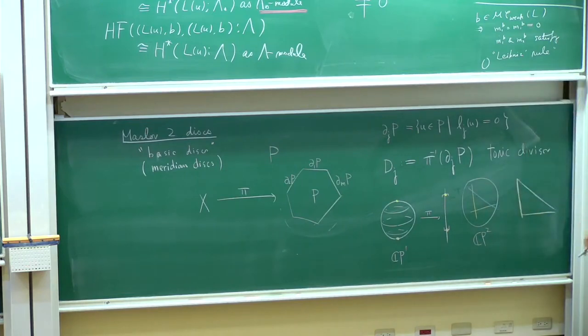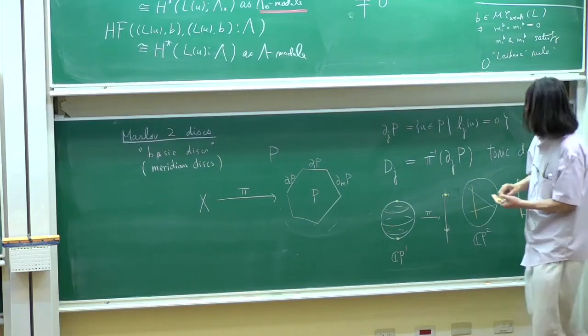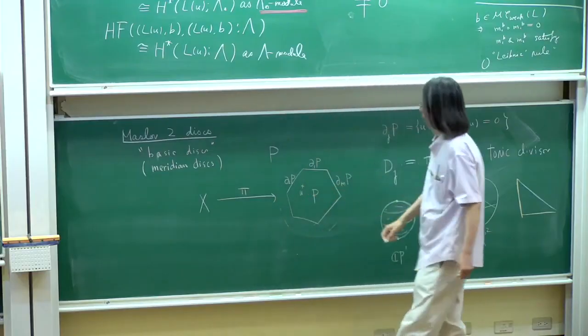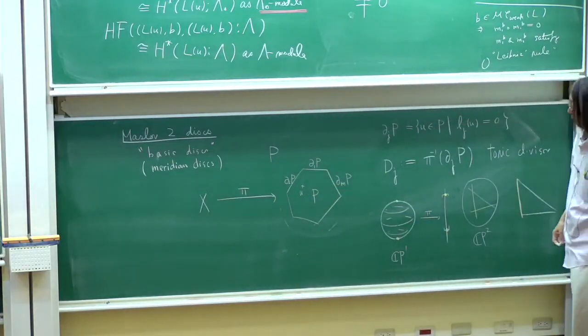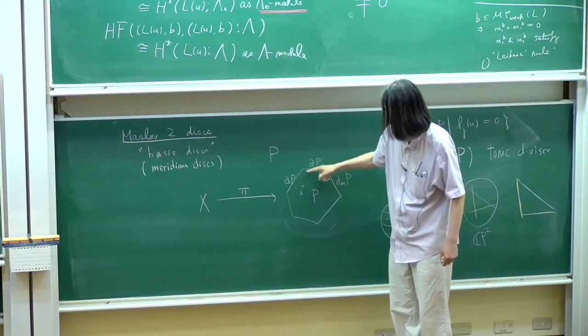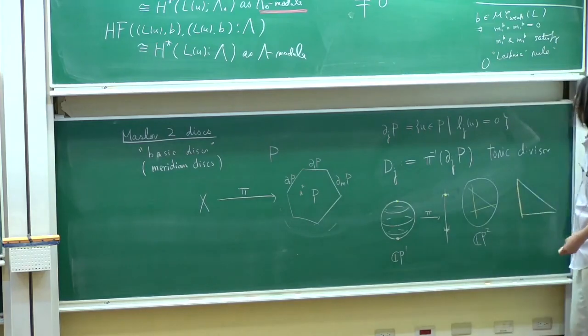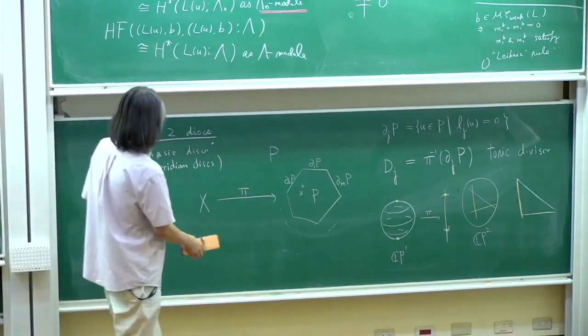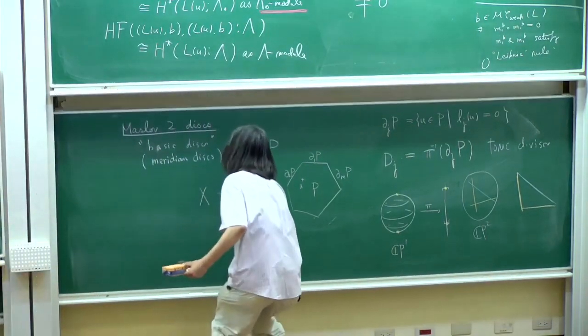So these are Z0 equal to 0, or Z1 equal to 0, or Z2 equal to 0. So all of them are toric divisors. And this sort of thing. And so now I take a point here, u, and then look at some facet. Then there is a meridian type disk. So how can I write it?